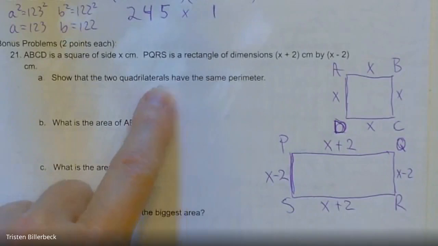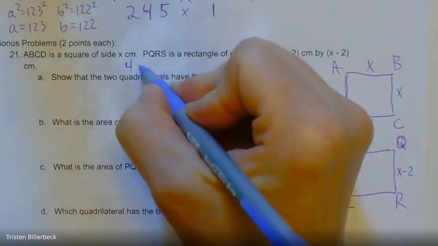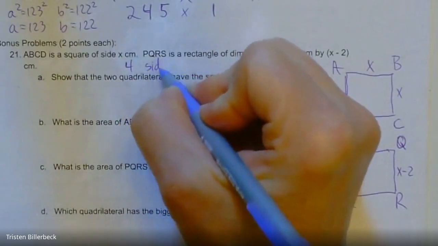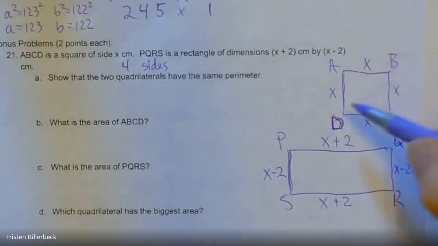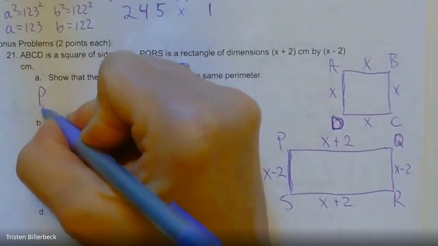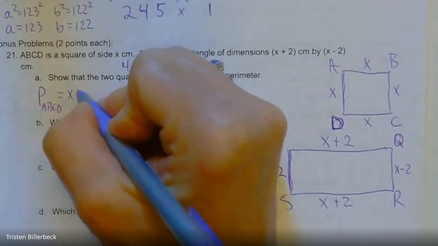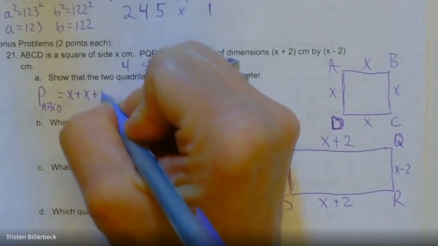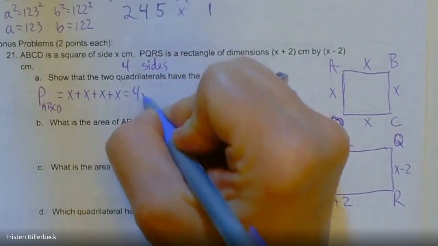Okay, so the two quadrilaterals, quadrilateral means 4 sides, lateral is sides, have the same perimeter. So the perimeter, you just add up all the sides. So perimeter of A, B, C, D is going to be x plus x plus x plus x, which is 4x.